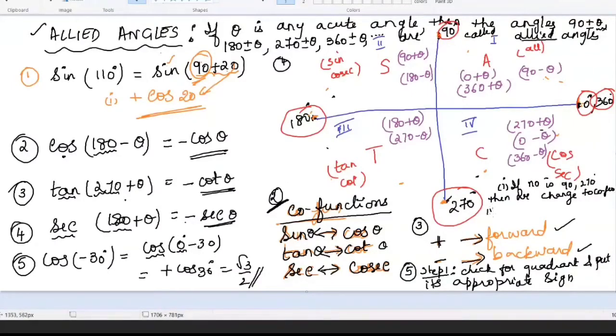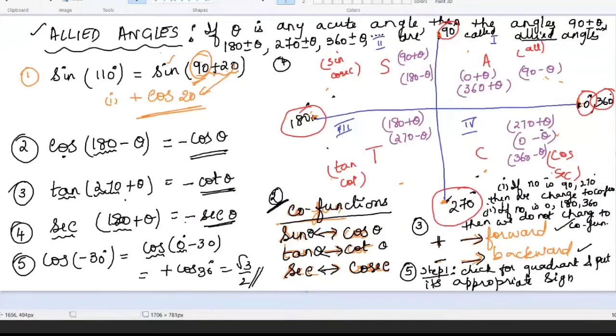Second point, if the number is 0, 180, or 360, then we do not change to cofunction. Where you have written change to cofunction, in brackets write standing line.